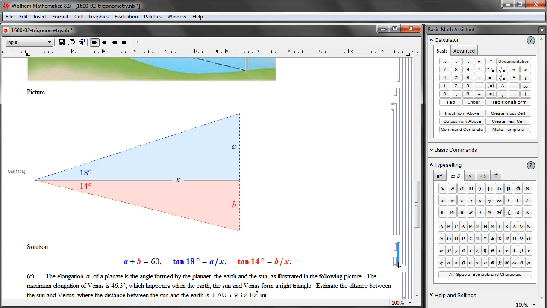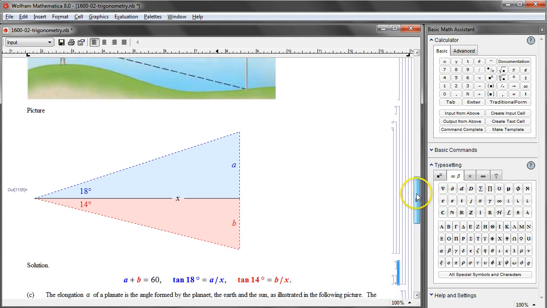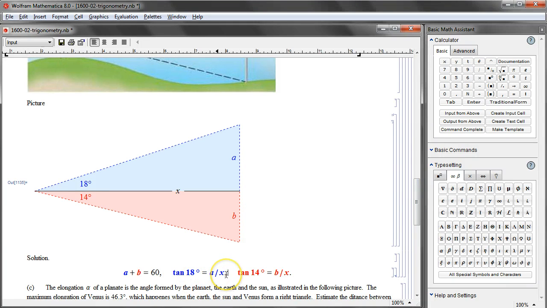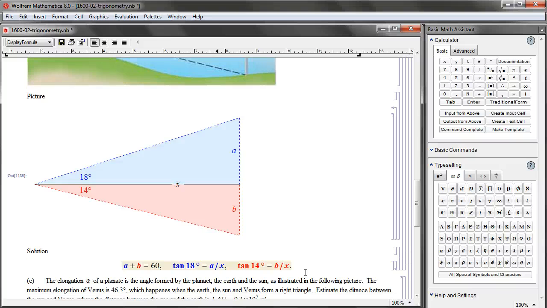What relations do we actually get? Here we go. A plus B is 60. And tangent of 18 degrees is A over x, opposite over adjacent. And tangent of 14 degrees is B over x, again opposite over adjacent.